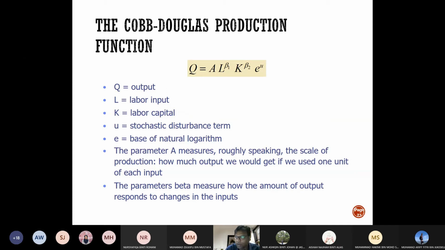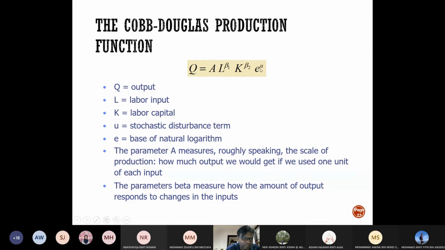Q stands for the output, A stands for the measurement, so we can say how much output we would get for one unit of each input. L stands for labor, as I said earlier. K is the capital, and E is just the natural logarithm.